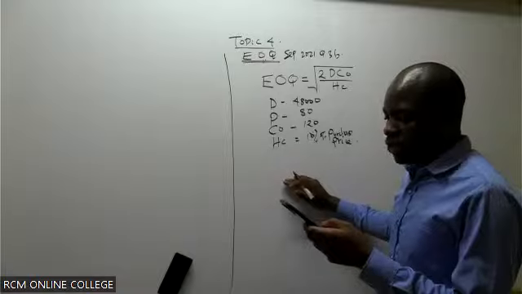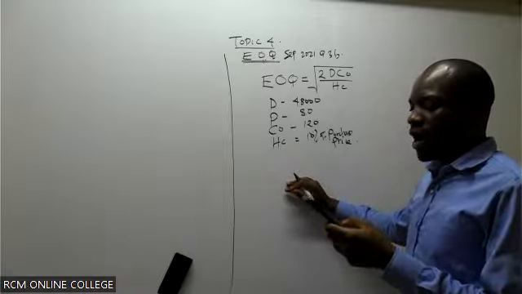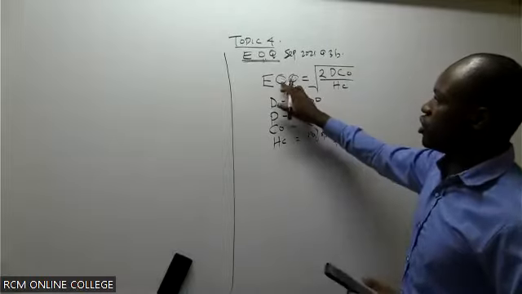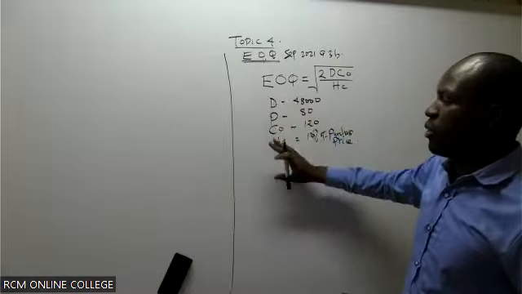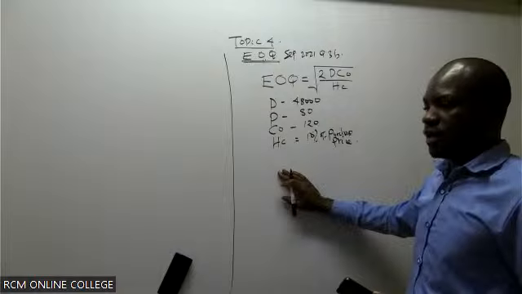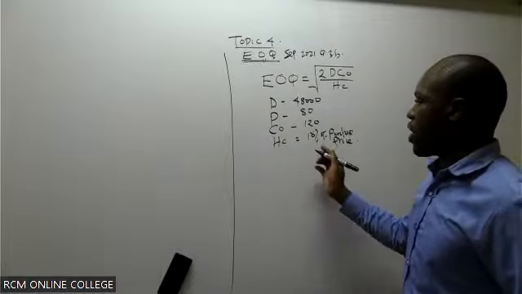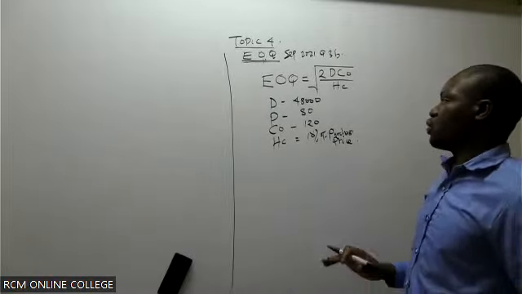The first thing they want us to do is to calculate the economic order quantity of raw material Y. With the information that I've provided here on the board, are you able to calculate the economic order quantity? The answer is yes. So go ahead and give me that economic order quantity, then we do it together to compare the answers.